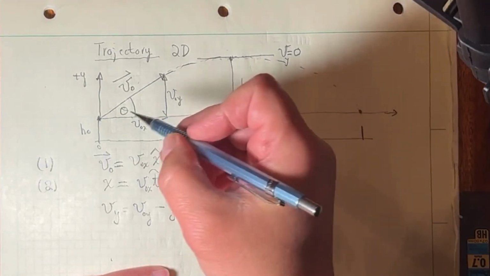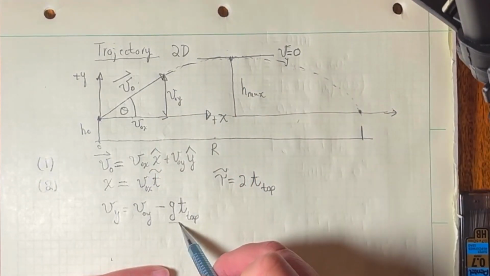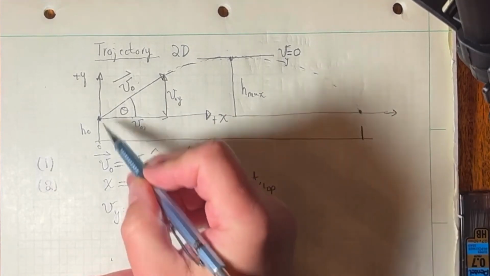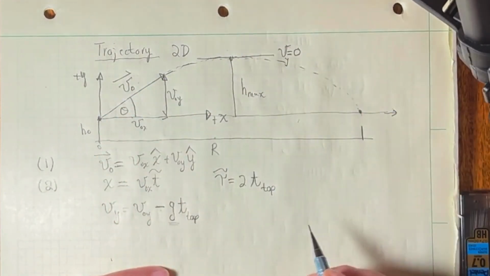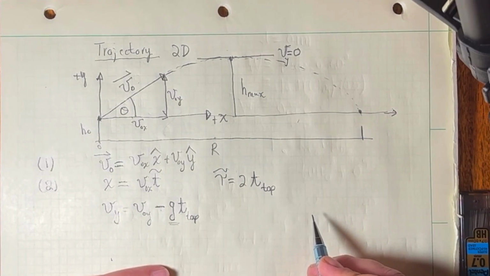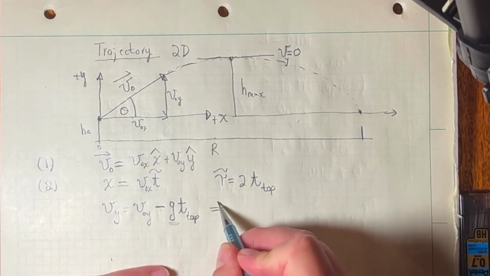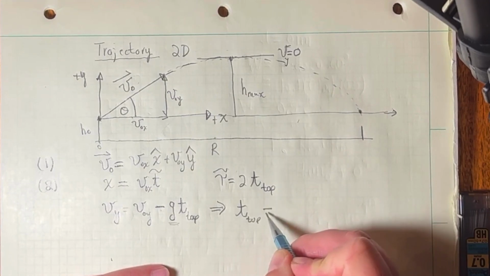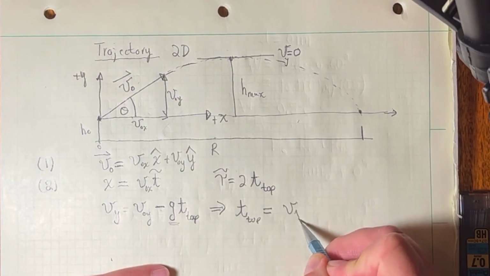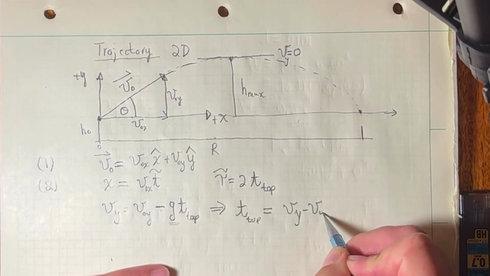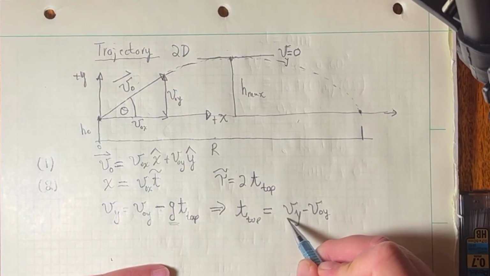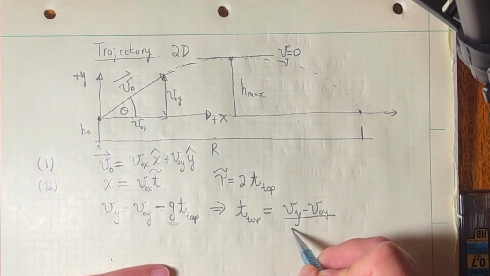So we have gravity acting down on the arrow, and it's a minus to show it's in the minus y direction. So we can solve this for the time to the top. The time to the top is Vy minus V0y divided by minus g.